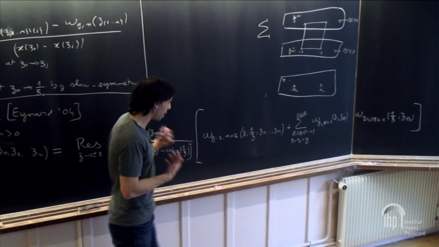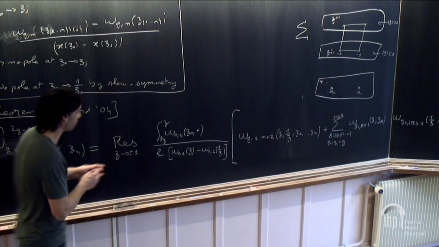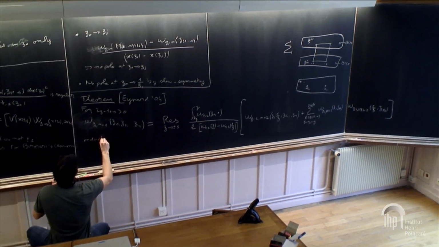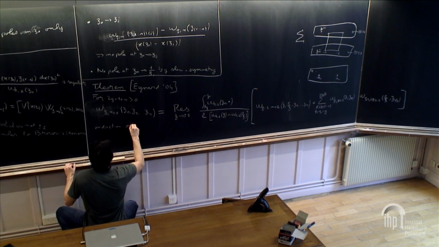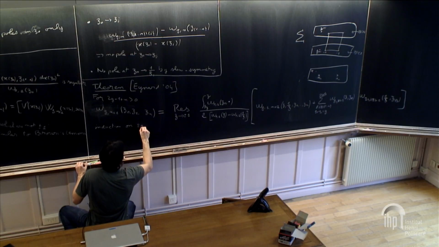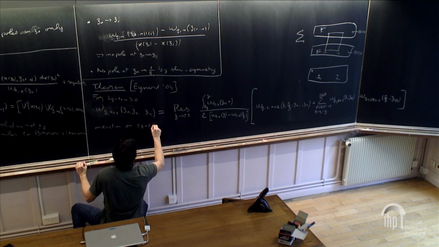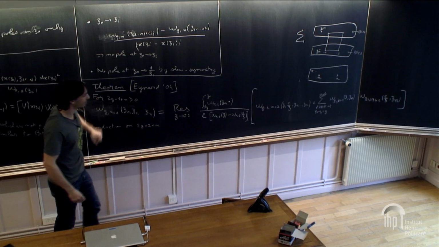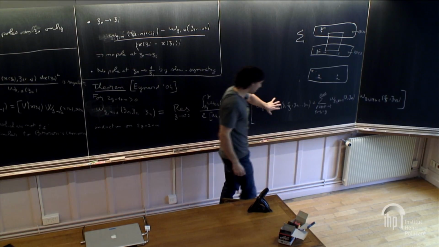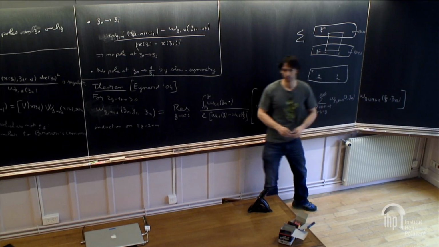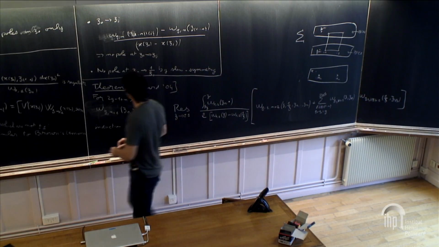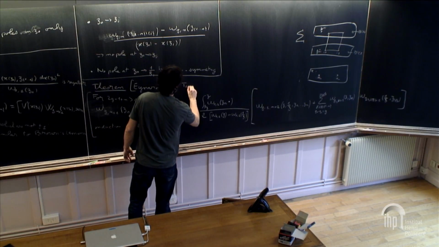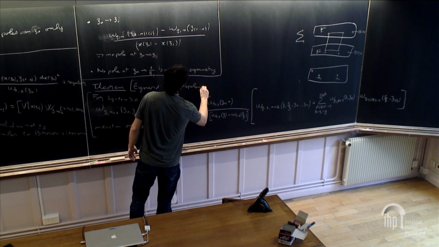So this gives you an induction on this Euler characteristic. So it's an induction on 2g minus 2 plus n. So 2g minus 2 plus n corresponding to this side is strictly bigger than the one corresponding to any element here. And this is what is called topological recursion.